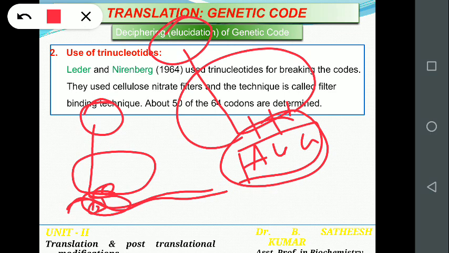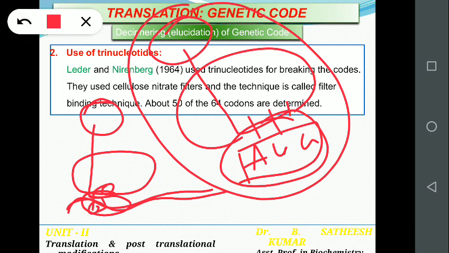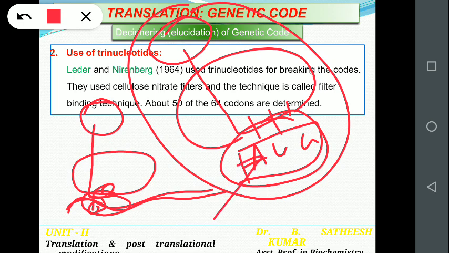So if you have all these things in the machinery except the mRNA, and if you add AUG, then what happens? The methionine-carrying tRNA comes and binds here. Otherwise, if you use UUU, then the phenylalanine-carrying tRNA comes and binds to the ribosome. If you have CCC, then the proline tRNA comes and binds to that ribosome.